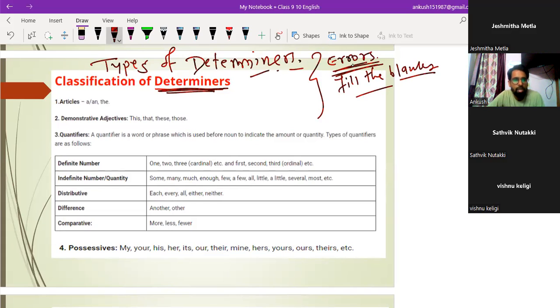And sometimes in the grammar portion, determiners may be asked as adjectives in the sentence. So don't consider that there would be questions directly upon determiners; they will be asked in different manners. They would not ask you directly to write this determiner or that determiner, or which determiner will be used in the sentence.